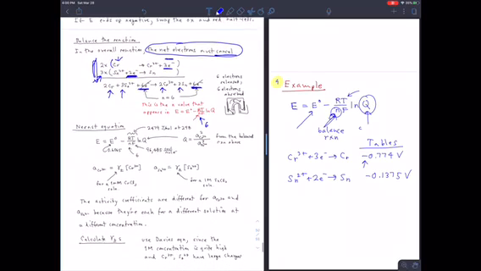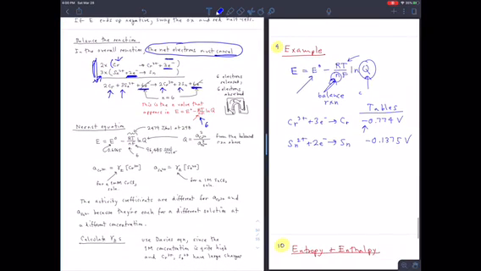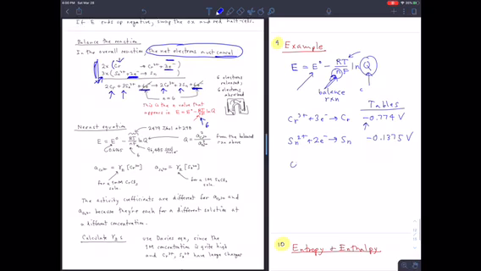Next, I need Q. Now that I've balanced the reaction, I know my overall balanced reaction is 2 Cr plus 3 Sn2+ goes to 2 Cr3+ plus 3 Sn. And that means that my Q is going to be the activity for the chromium squared divided by my activity for the tin cubed.